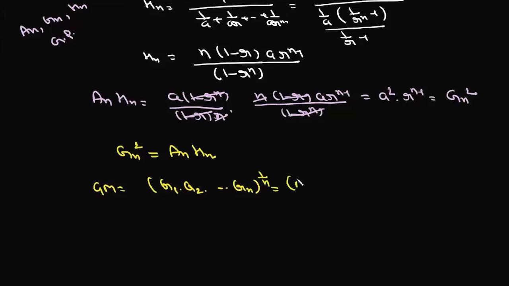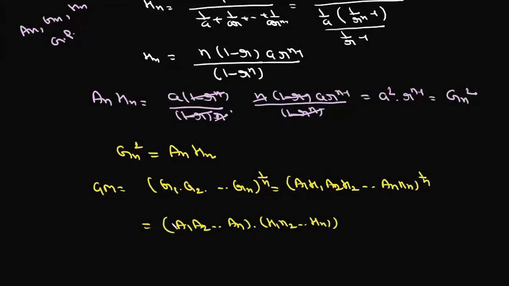Now G1 is A1 H1, G2 is A2 H2 and Gn is An Hn, whole to the power 1 by n. So the expression of this GM will be A1 A2 ... An into H1 H2 ... Hn, whole to the power 1 by n, and that is the answer to this question.